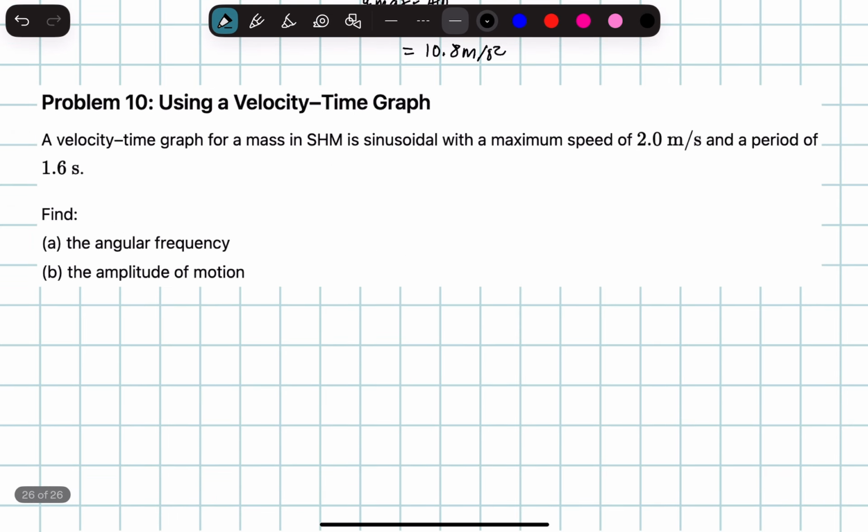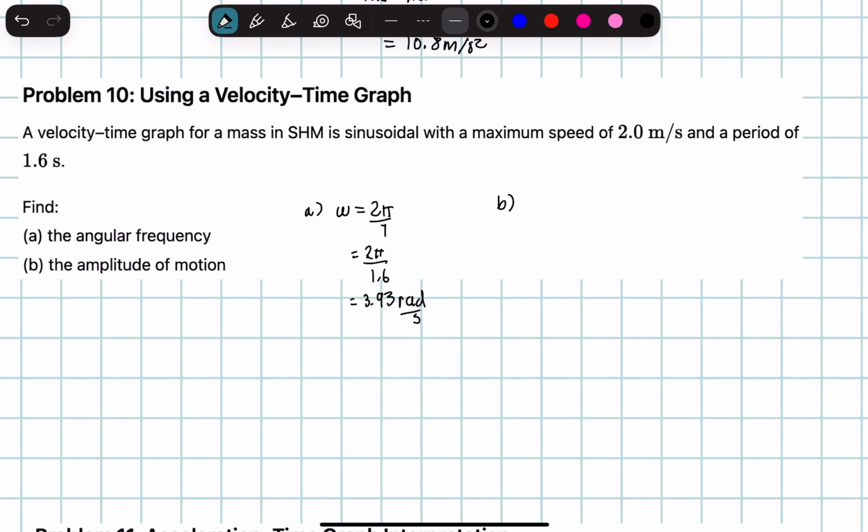A velocity time graph for a mass in simple harmonic motion is sinusoidal with a max speed of 2 meters per second and a period of 1.6. Find the angular frequency. So the angular frequency is going to be omega is equal to 2 pi over T, 2 pi over 1.6, 3.93 rad per second.